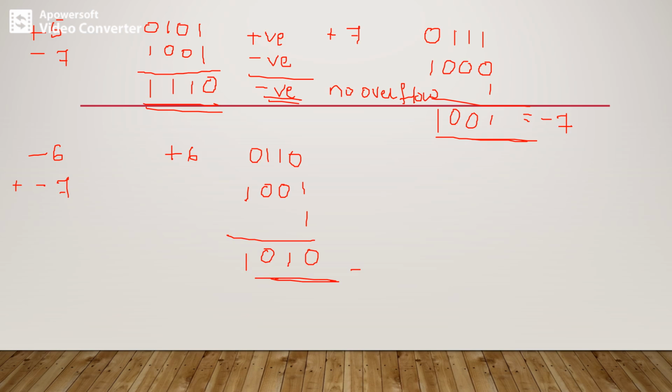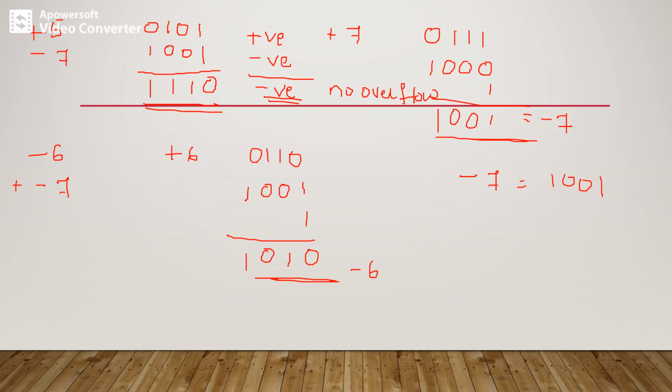So this is nothing but -6. Similarly, -7 we already computed, that means 1, 0, 0, 1.